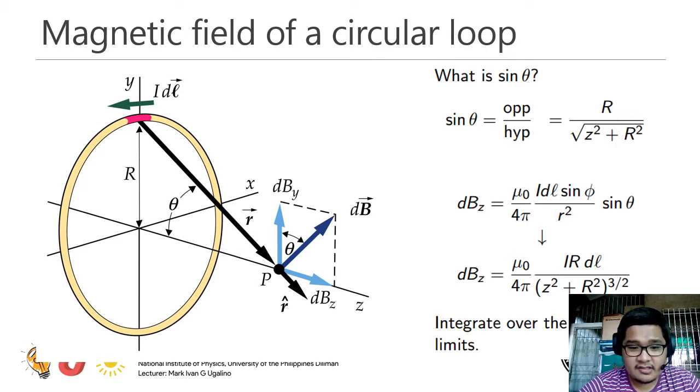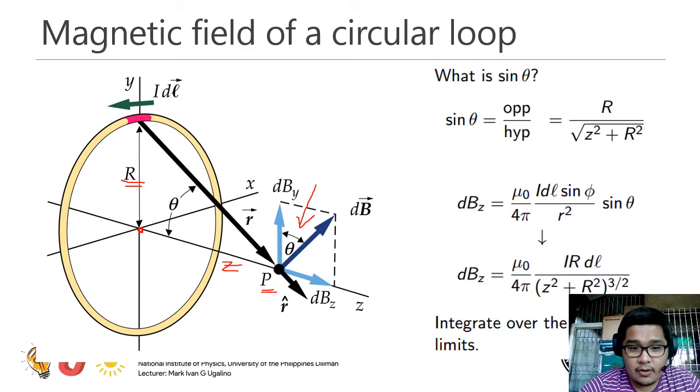What do I mean by known quantities? We really do not know what theta is in this case. We just defined theta to be this angle. However, we are only given the radius. So this is the radius and the distance of point P from the origin, which we can write as z.